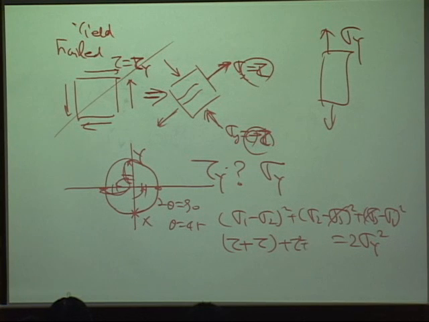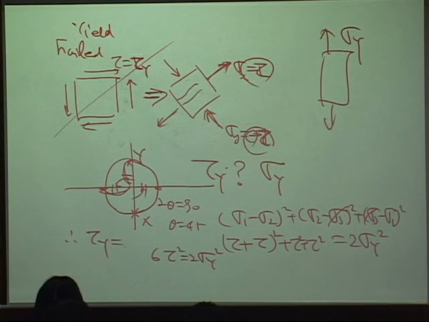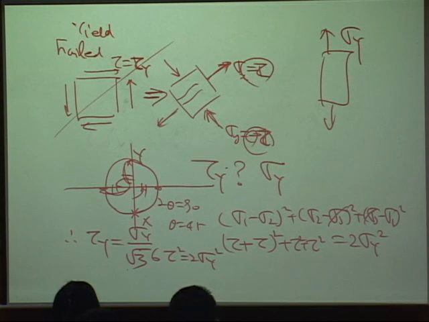And so tau squared plus tau squared, plus 4 tau squared. So 6 times tau squared equals 2 sigma yield squared. So tau yield will be sigma yield divided by root 3. Am I right? Yeah, should be right. This is the von Mises yield criterion.